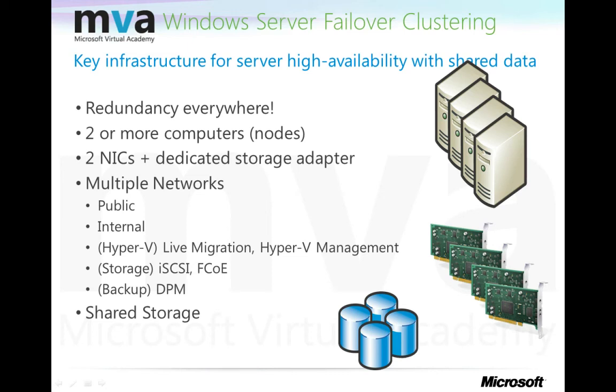But if a node is unable to respond to pings, and this can happen when the pings cannot get through the network, other nodes may think that this server is down and trigger a false failover, which we want to avoid. So isolate the networks and avoid having any type of traffic impact any type of cluster health checks. Let's take a closer look at exactly how a cluster works.